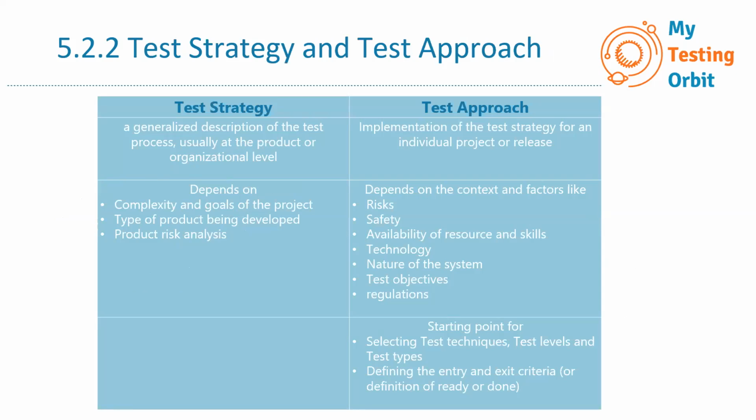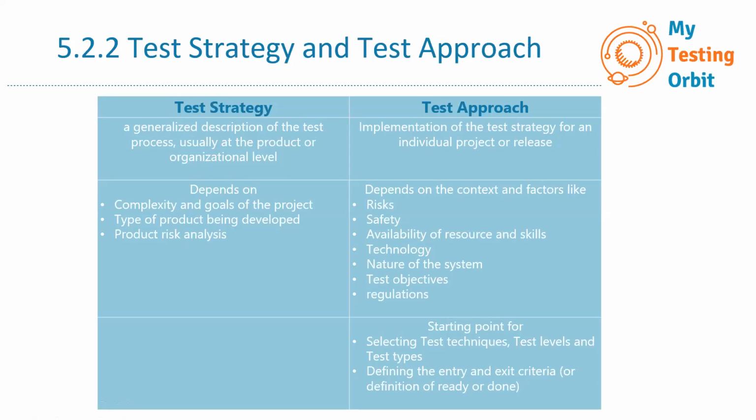So let's see how. Test strategy is a generalized description of the test process, usually at the product or organization level. As I said, mostly it is done on organization level, but even if a company is planning to do it on a product level, there is nothing wrong with that. They can do that as well, but then they have to be consistent with that approach.